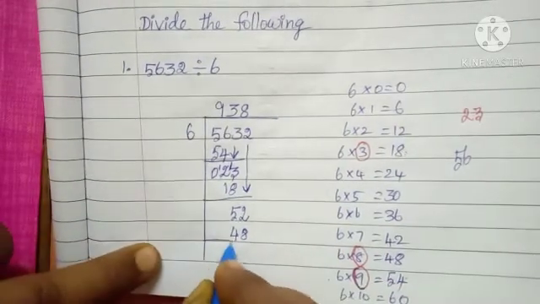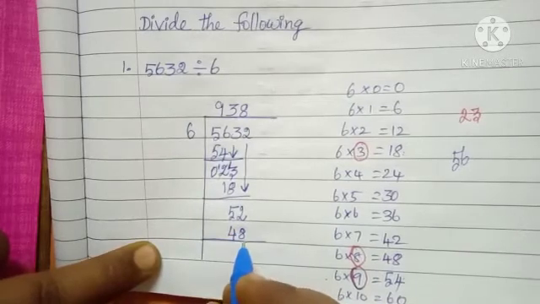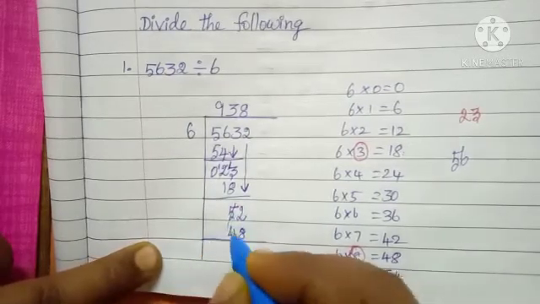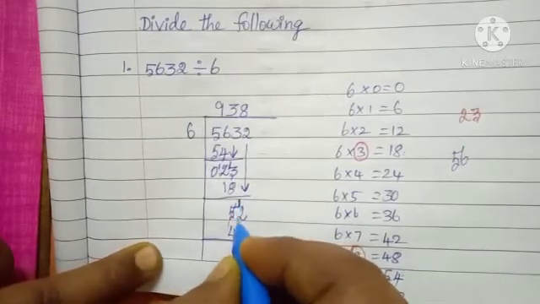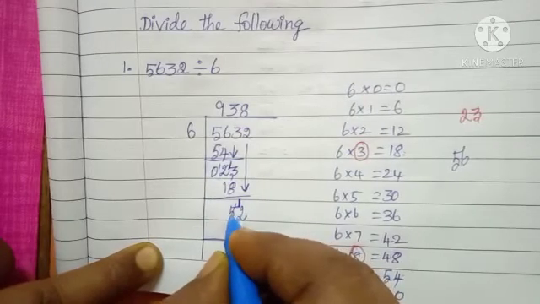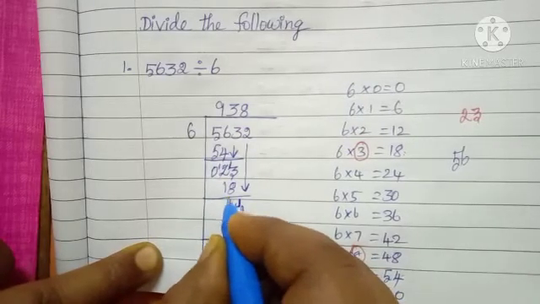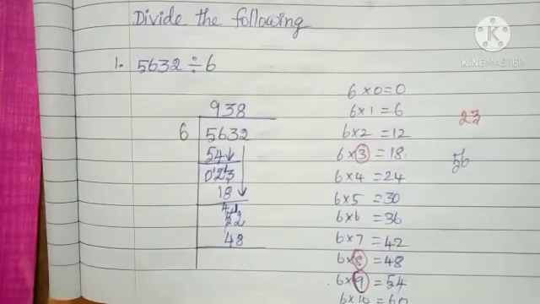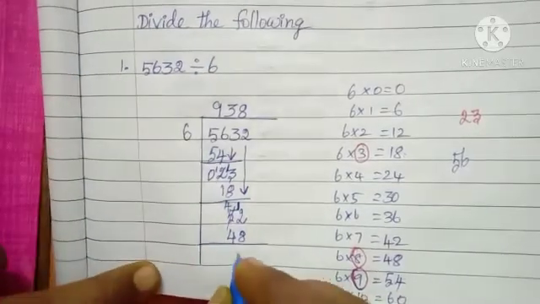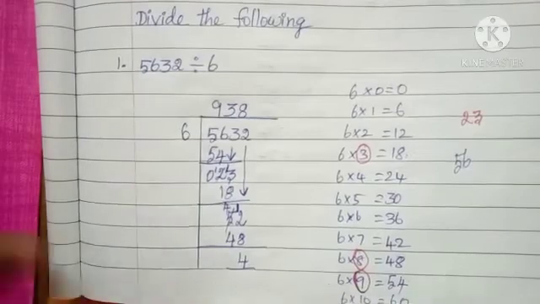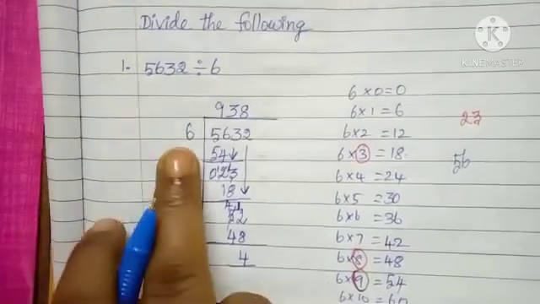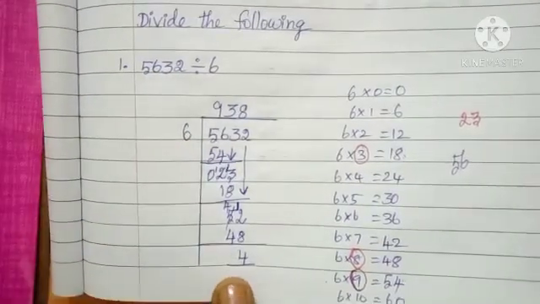Then next, 2 subtract 8 is not possible. So borrowing here, 10 plus 2, 12. 5 becomes 4. So 12 subtract 8, 4. So 4 is a smaller number compared to 6. So stop now.